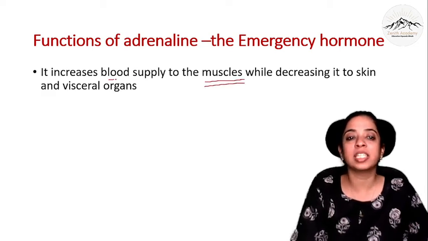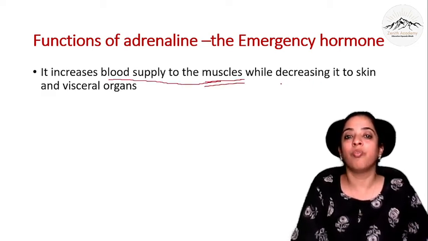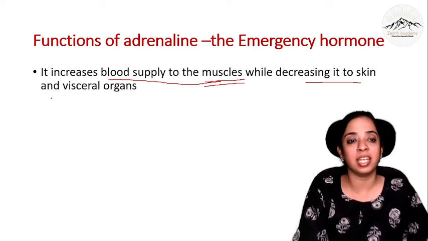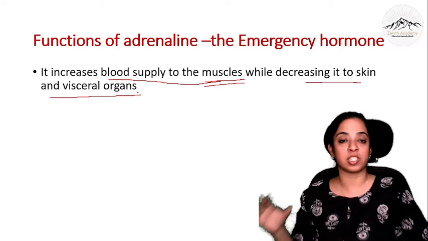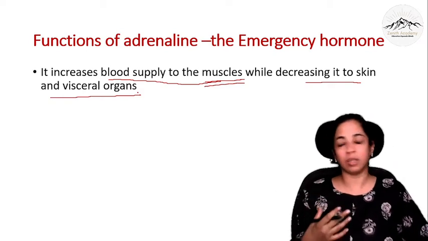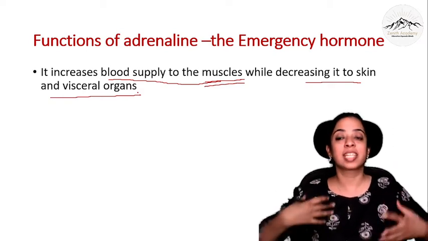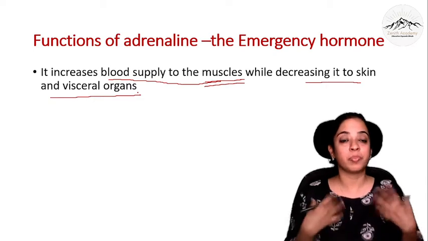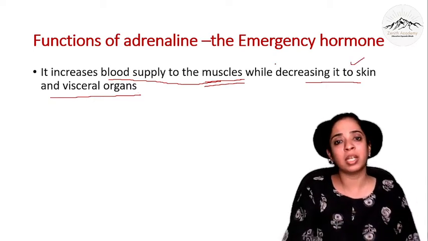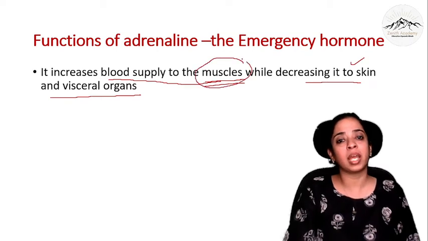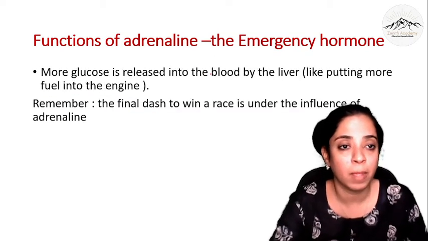So it increases the blood supply to the muscles while decreasing it to the skin and visceral organs, the main organs, जैसे digestive system, respiratory system, वहाँ सब organs में ना डाल के, skin में ना डाल के, वो mainly supply कर रहा है muscles में, right?